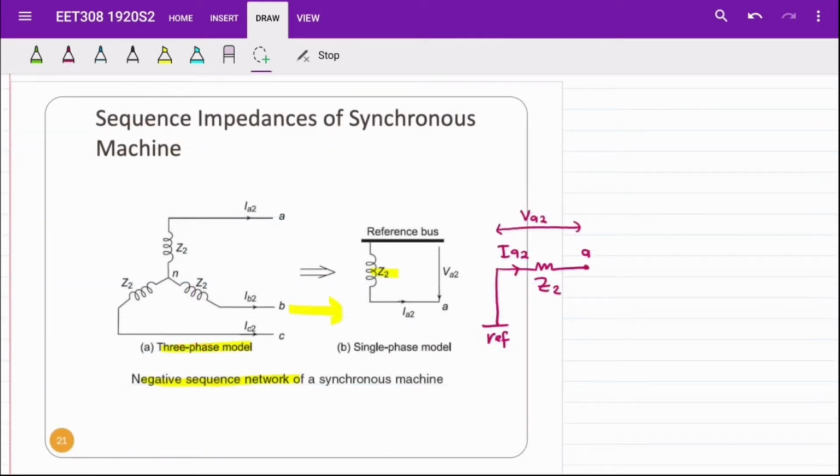So these are the two different methods that we can draw the single-phase diagram for the negative sequence network of the synchronous generator.